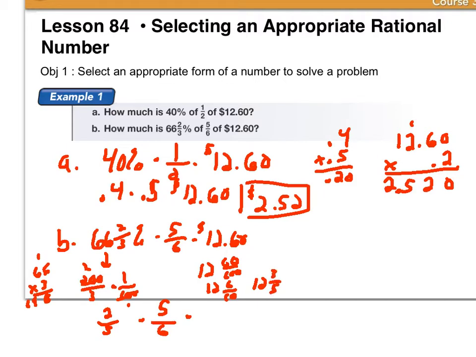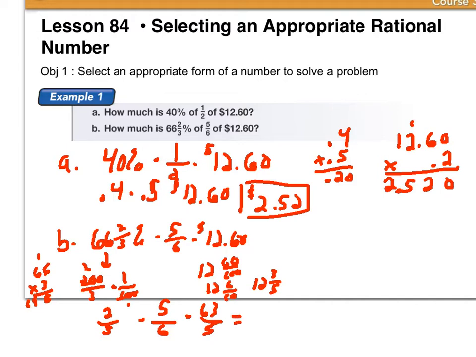So basically now we need to convert this to a fraction, just a top and a bottom number. So $12.60, again, we took to 12 and 60/100ths, which is the same as 12 and 6/10, or 12 and 3/5. Well, 12 times 5 is 60, plus 3 is 63 over 5. Well, now we're just going to multiply all of these.